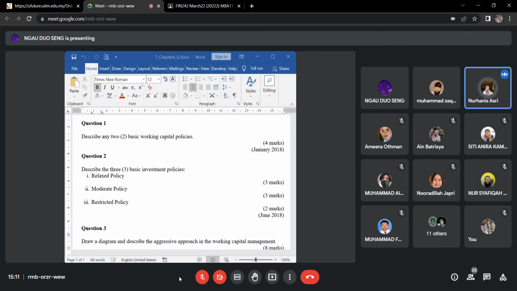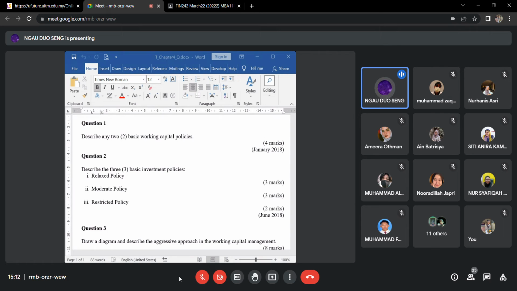Yang first relax policy known as low risk policy. Itu panggil explain. Describe right? Describe banyak sikit. Alright, so you need to give more lah. Don't just relax policy lepas tu low risk policy. Full stop. Then you expect you dapat 2 marks.